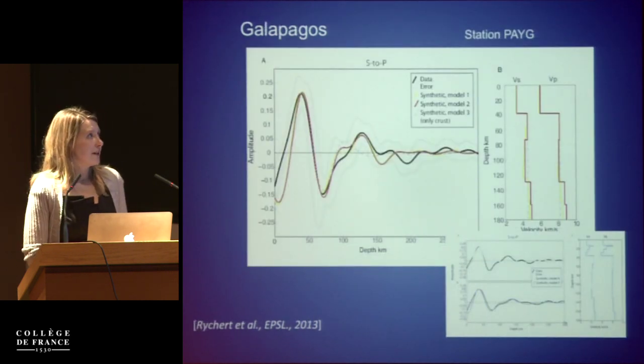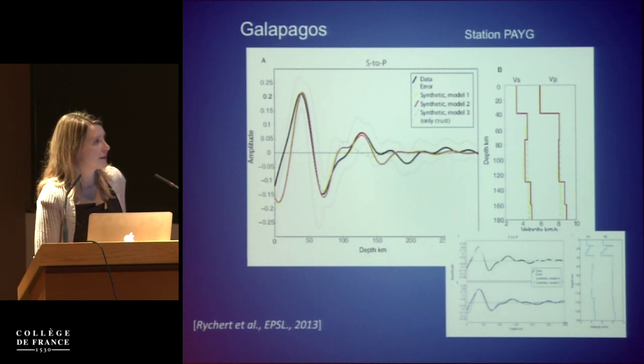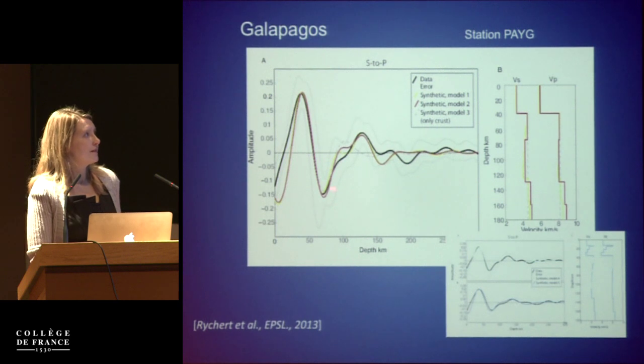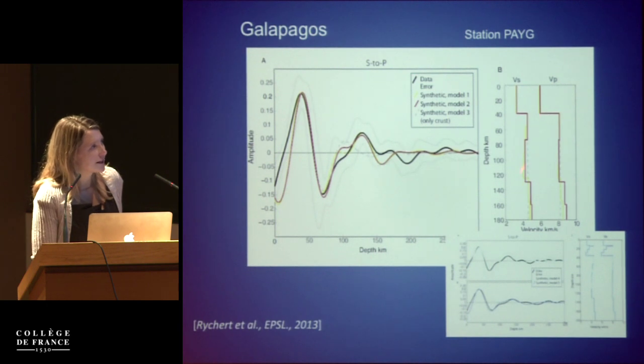And so we've done some modeling. This is the data from station PAYG to show that this phase at depth is required. We need a velocity increase with depth throughout the region. Here we have approximately 130 kilometers depth for the LAB phase. It can exist as a small sharp gradient, or it can exist as a relatively gradual gradient, which is the green line behind that red one.